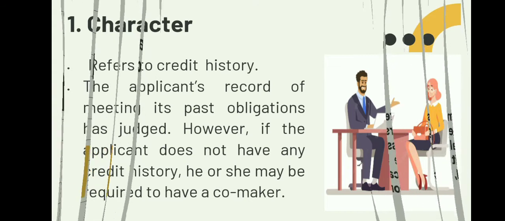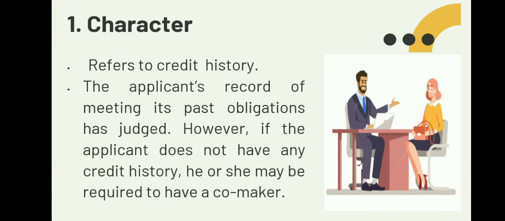Number 1, character. Character refers to a credit history. The applicant's record of meeting its past obligations is judged. This includes your educational history, business background, and personal credit history. It also includes any references or other information about financial situation.